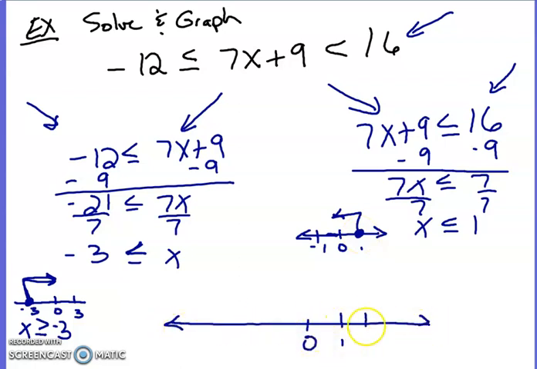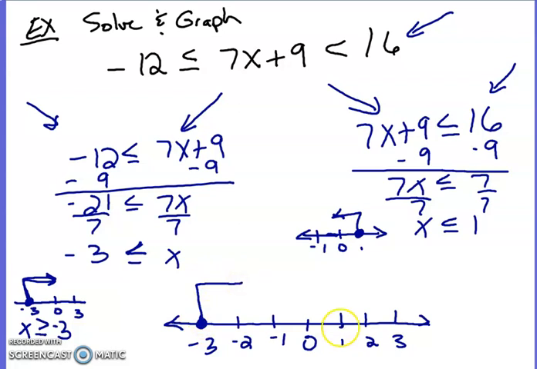Remember, you don't want to turn in two different number lines. You want one number line that encompasses all of these x's. All right, so again, this is x is greater or equal to negative 3. Notice we have a closed circle at negative 3, and it's going that direction.